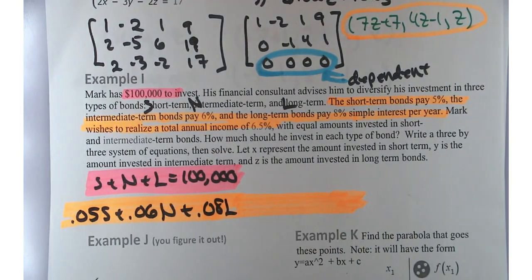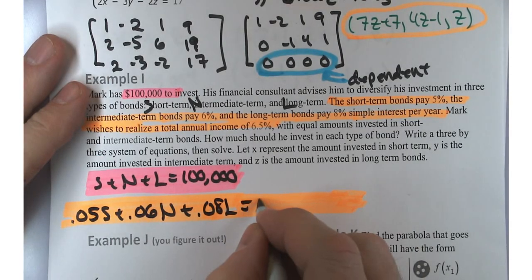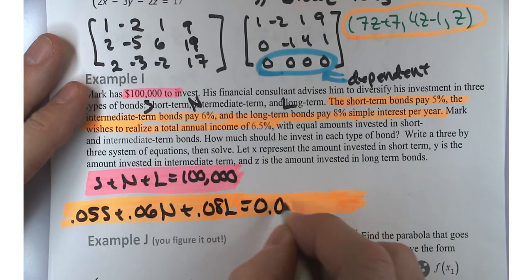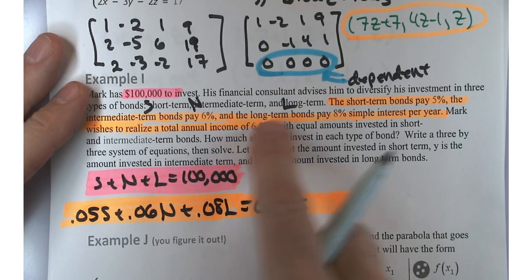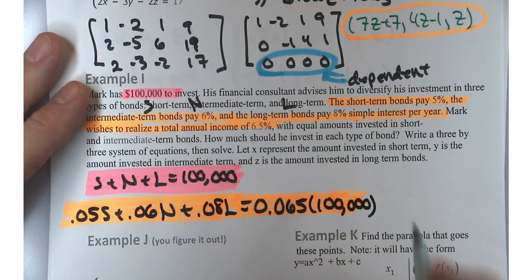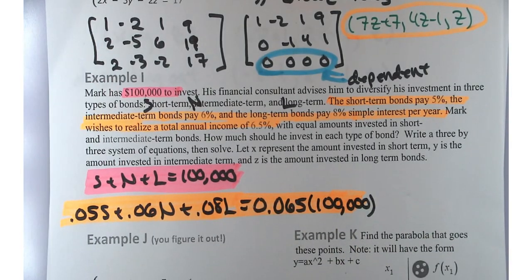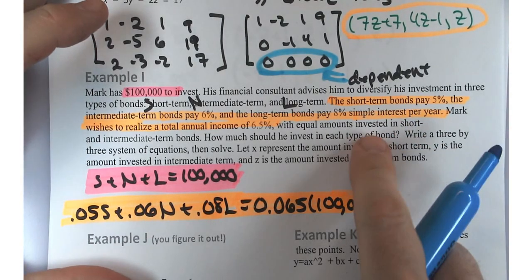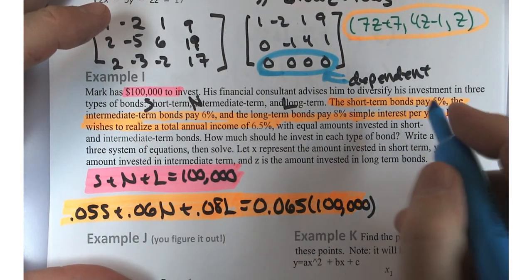So that's going to equal 0.065 times his $100,000. 2 down, 1 to go. And the last one's kind of hidden a little bit. It says with equal amounts invested in short-term and intermediate term.